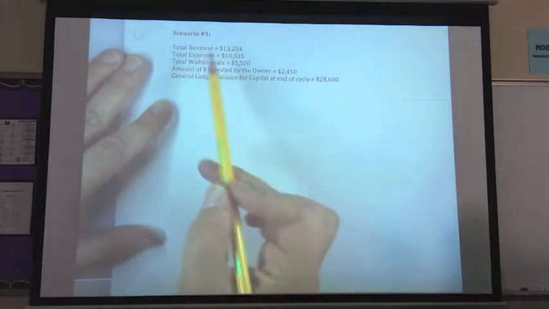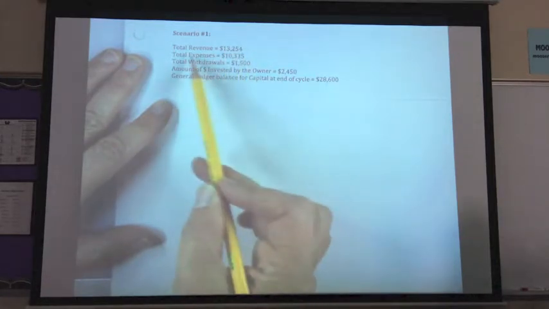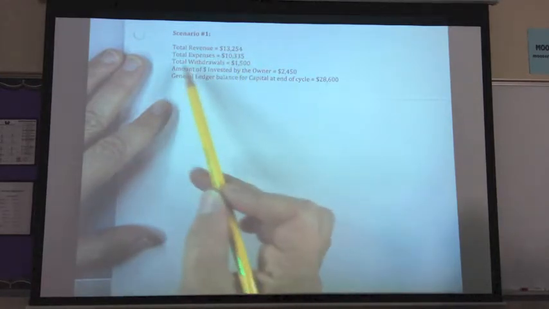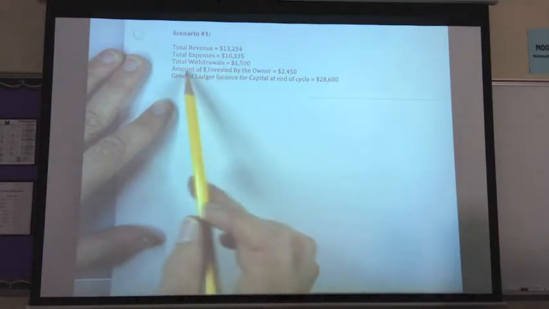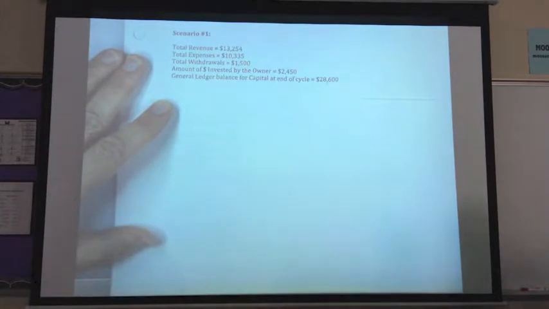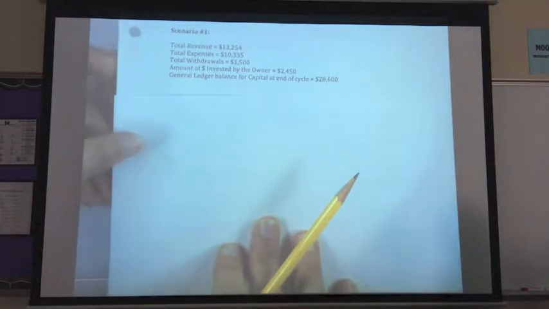But given the fact that we had total revenue of $13,254, total expenses of $10,035, withdrawals of $1,500, and an investment amount of $2,450, we're going to use those values to determine which of those lines we need to include on our statement of changes in owner's equity.